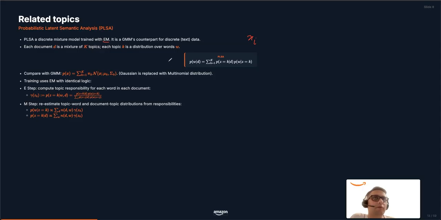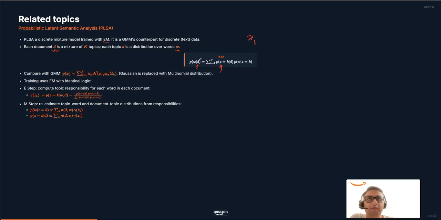Now what you're looking for is a distribution of words given certain documents. My latent variable is a bunch of topics, and there are a total of capital K topics. If a certain topic is selected, then the distribution of words will be P of W given Z. So for every document that you have, you can model this.